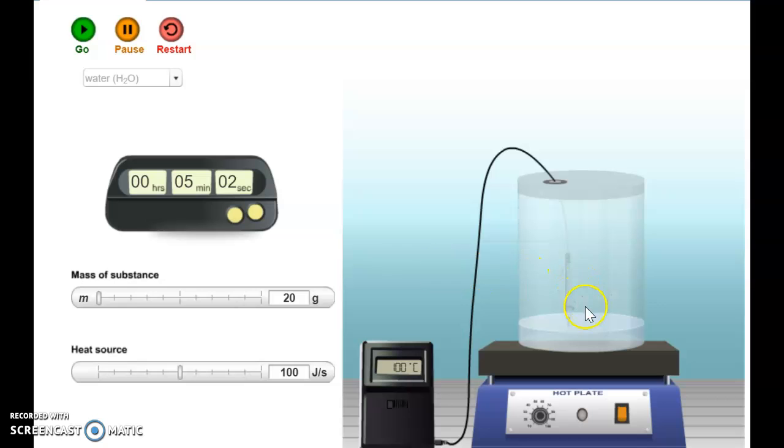All right, now the liquid is starting to boil, the little particles, at 5 minutes and 2 seconds, where liquid begins to boil.